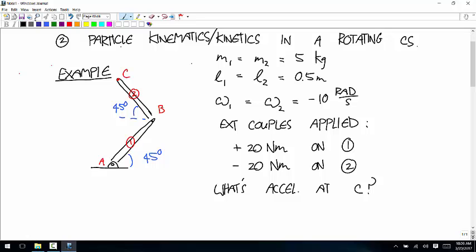So that's one couple, and then the equal and opposite one on the other one. You can think of it as a muscle pulling those two things together, and then equal and opposite contact forces at the knee. That's what the couple's coming from.